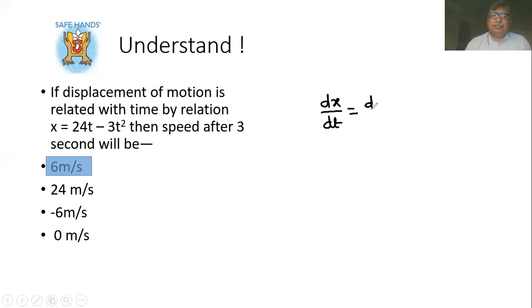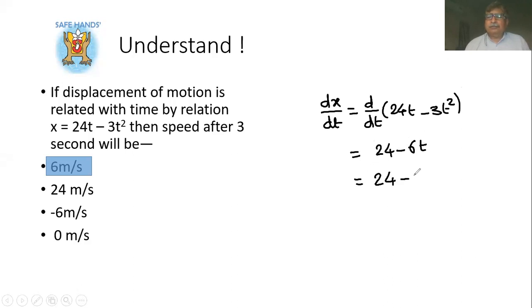So it will be d by dt of 24t minus 3t square. If I try to solve this, it will be 24 minus 6 times t. t is 3, that's why it is 24 minus 18, and that gives me 6.